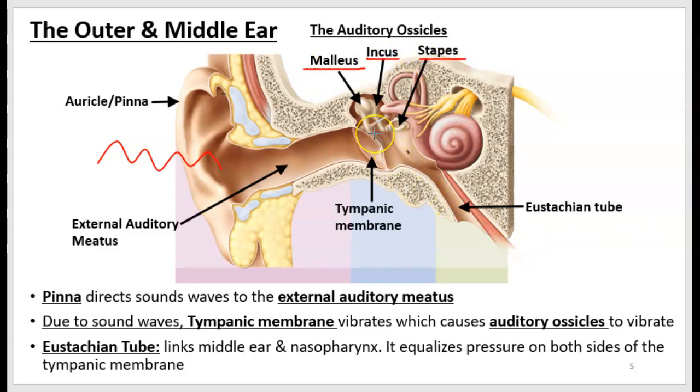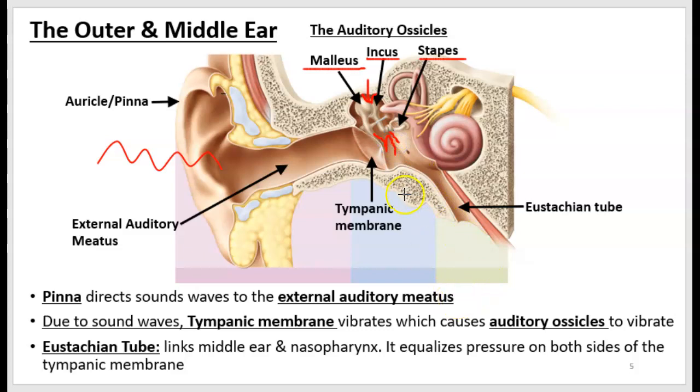The malleus is physically attached to the back of the eardrum. And there's a joint between the incus and the malleus, and between the stapes and the incus.